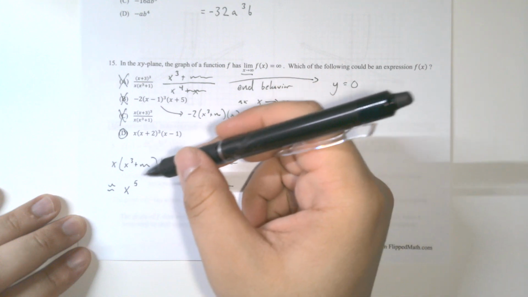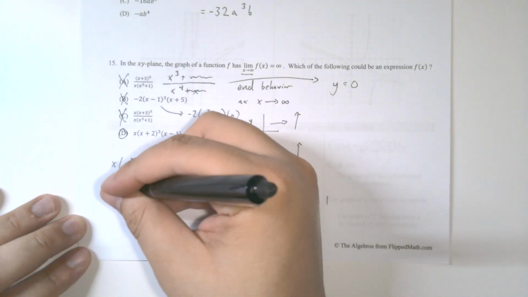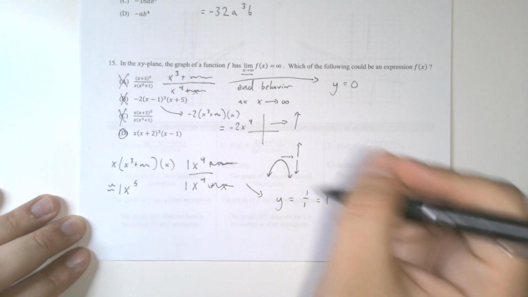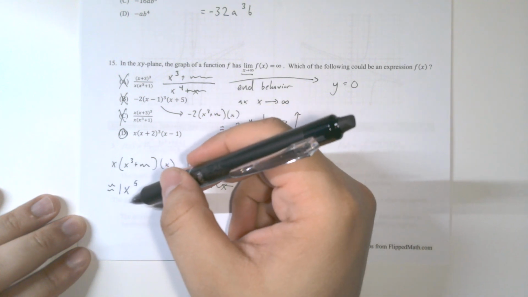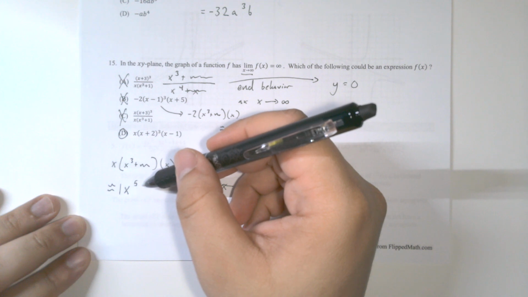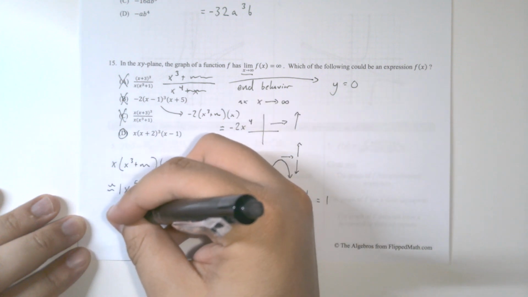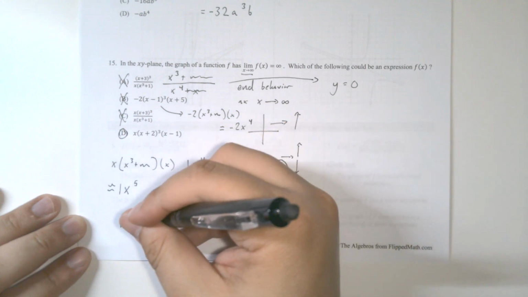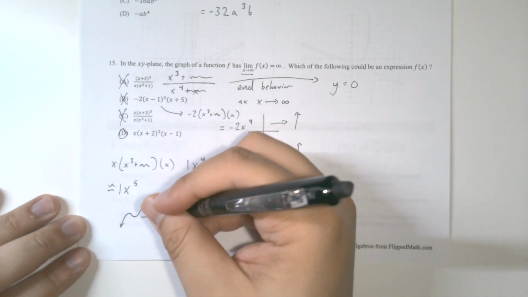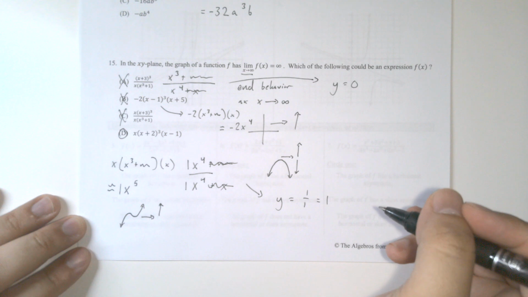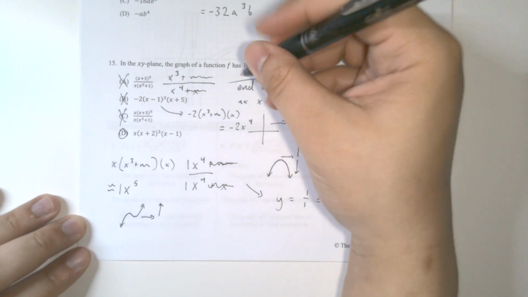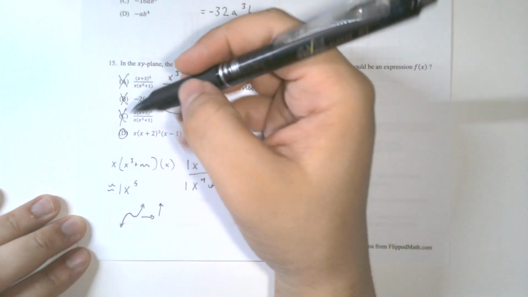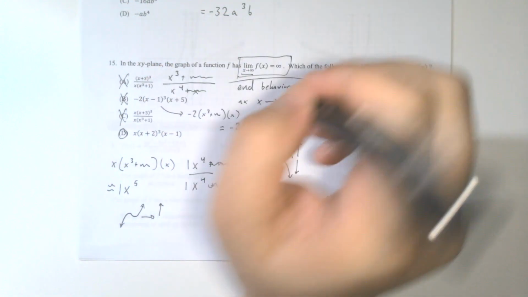And if you remember, this has a positive leading coefficient of particularly 1. So positive leading coefficient and an odd degree, that's going to have end behavior that looks like that. And so we can see that as we move further to the right, our function keeps going up. And so that is in line with this type of end behavior. And so that is why D is the correct answer.